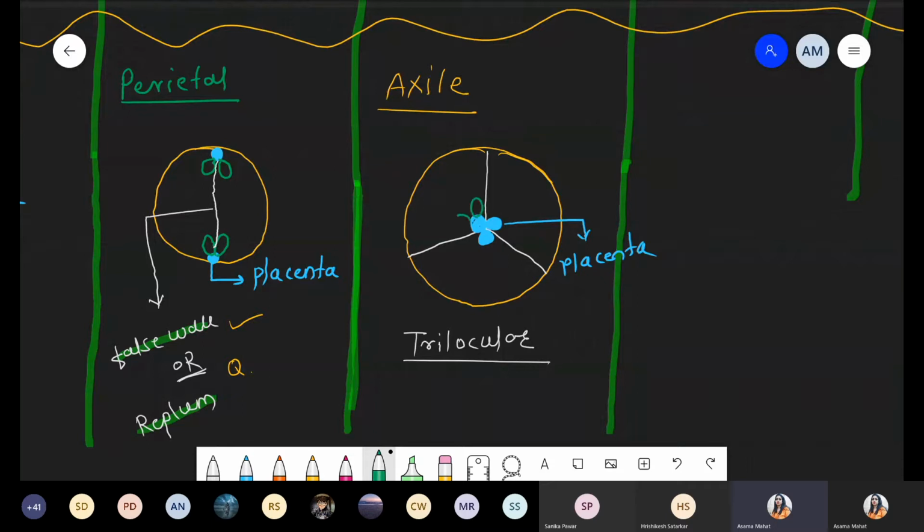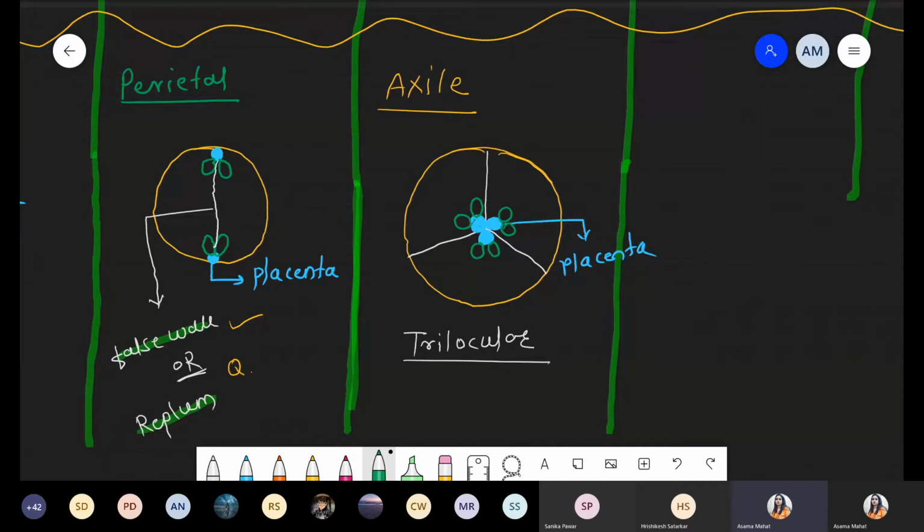This green color simply represents the ovules. Got it? Such a type of placentation is called axial placentation, from bilocular to multilocular, forming multiple chambers: bi, tri, tetra, penta, poly. It is very common in angiospermic plants.